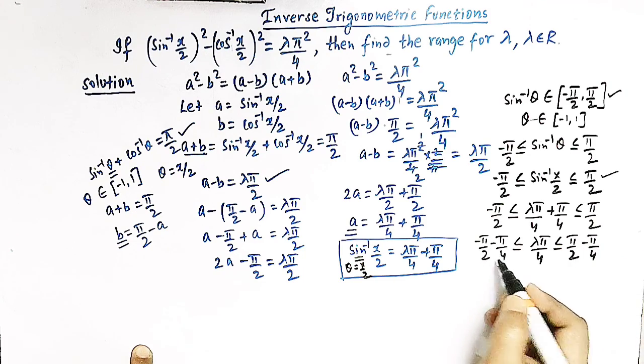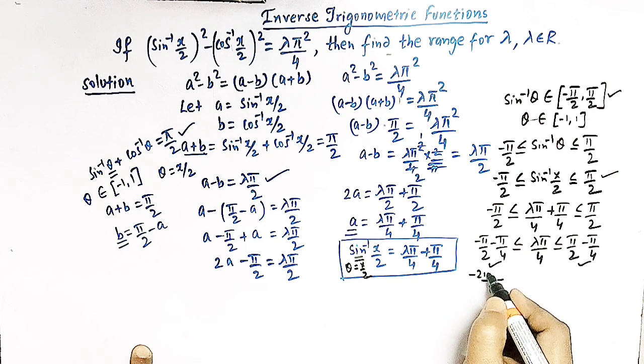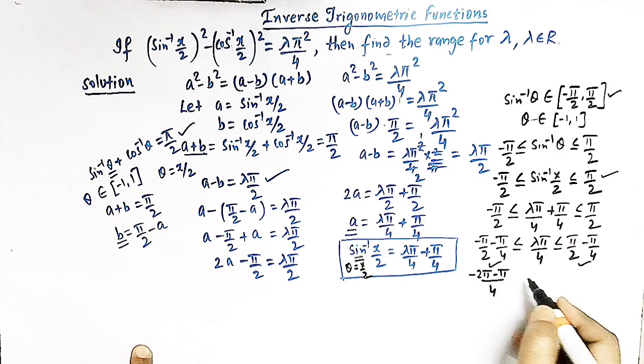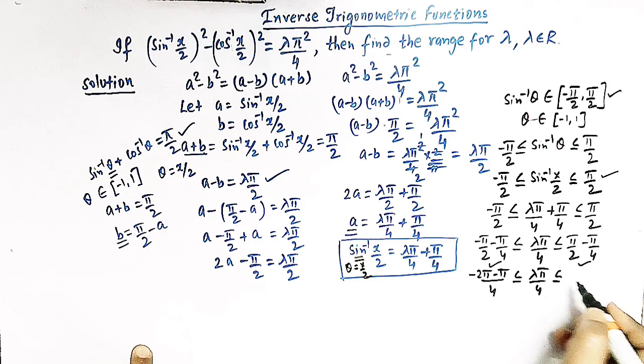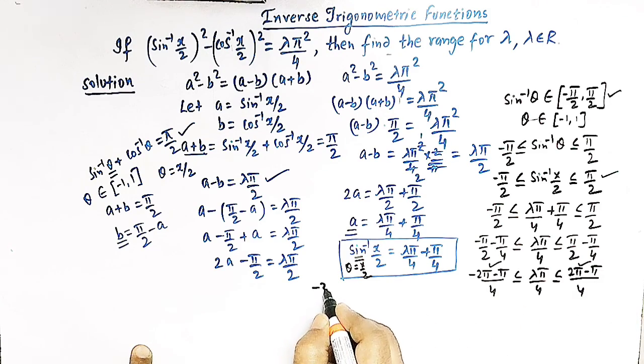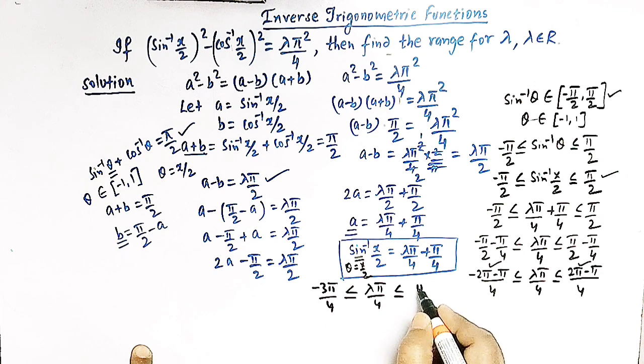So now simplifying these two expressions, here we have 4, then minus 2 pi minus pi, and here lambda pi over 4, and here we have 4 and 2 pi minus pi. So now we have minus 3 pi over 4 less than or equal to lambda pi over 4, and here we have pi over 4, right?